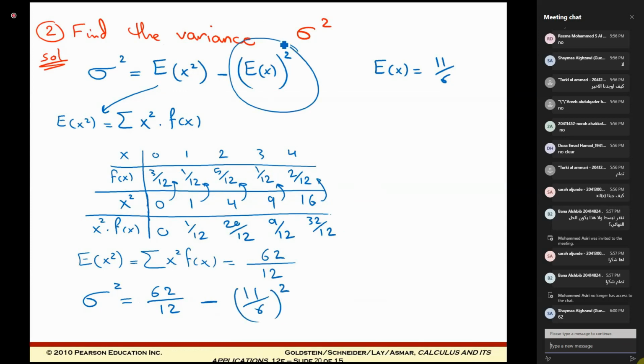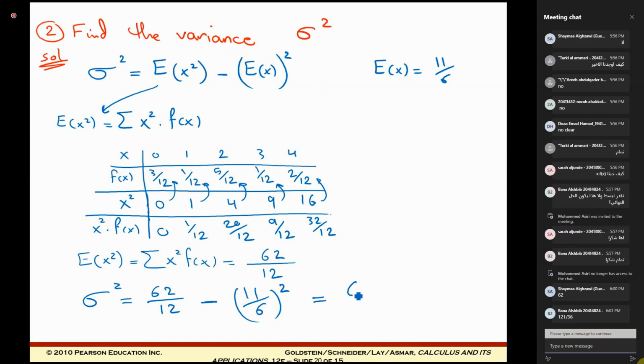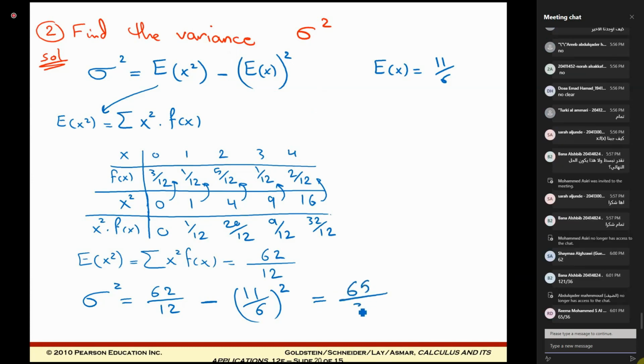This is equal, by calculator, to 65 over 36. This is the variance.